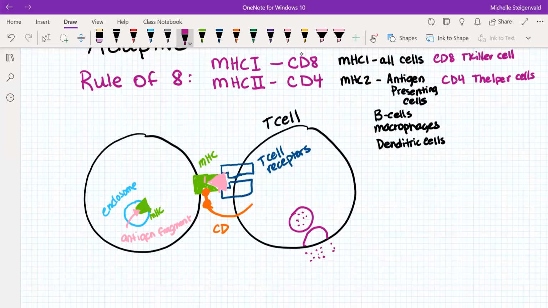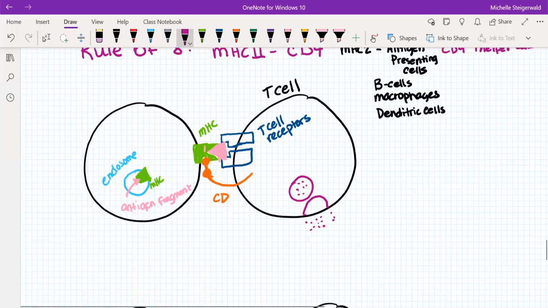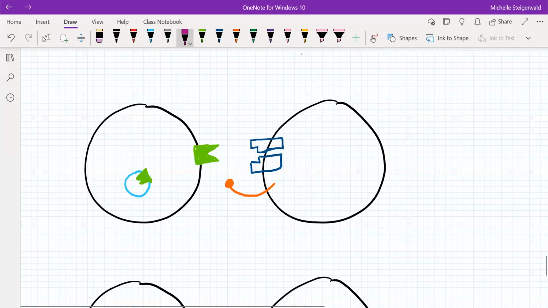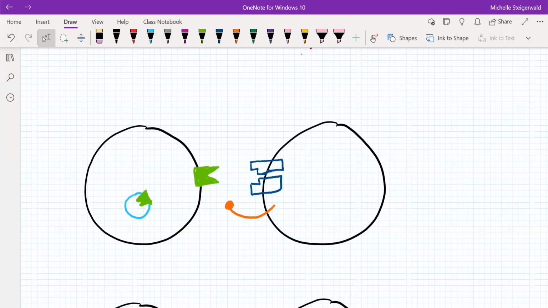So let's look at the differences between them. Okay, we're here again. We're going to say that this is the MHC2 CD4 story. That means that this is an MHC2 receptor, which means this has to be an antigen presenting cell.